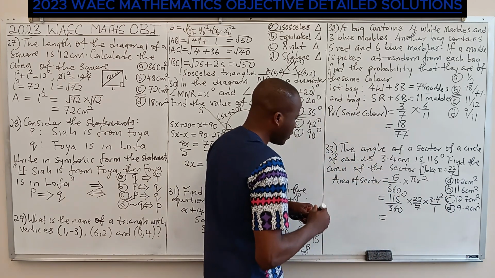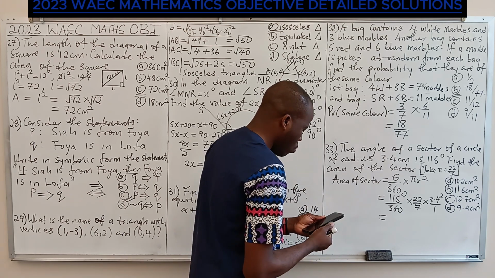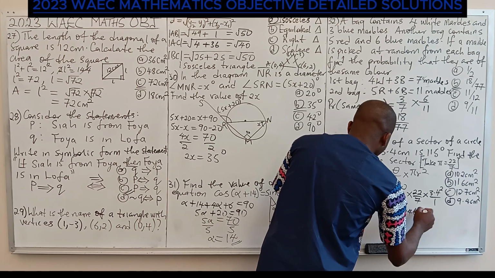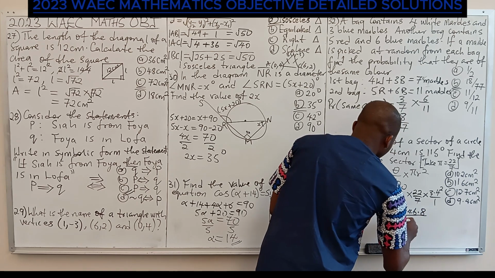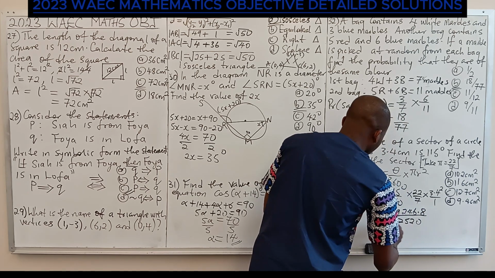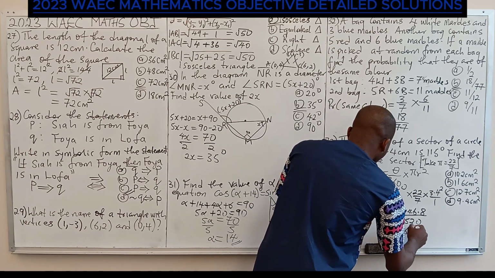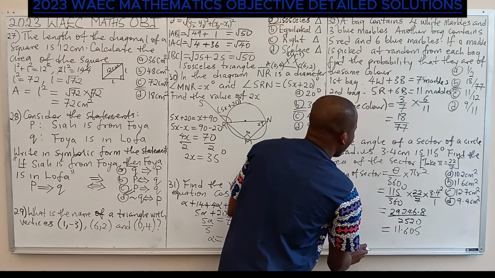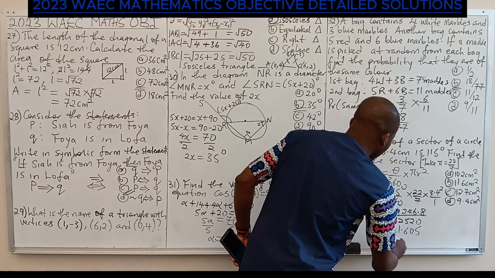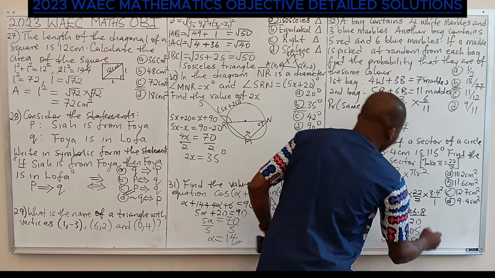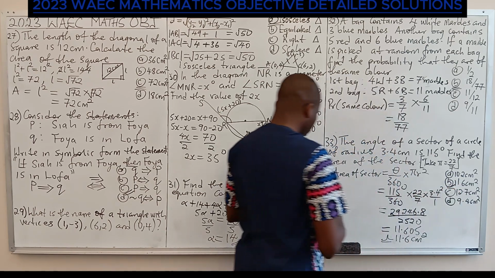If we multiply this together, we'll have 29246.8 over 2520, which is 11.605. So approximately 11.6 cm squared, which is B.